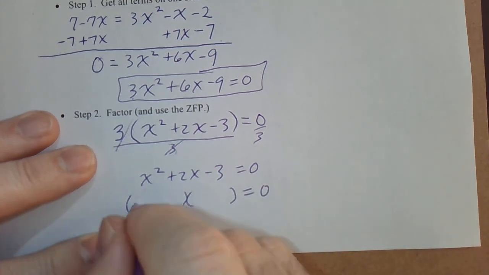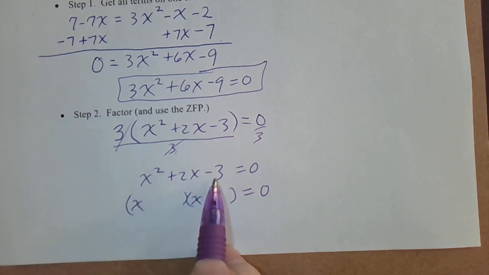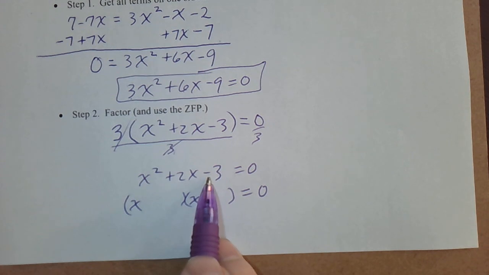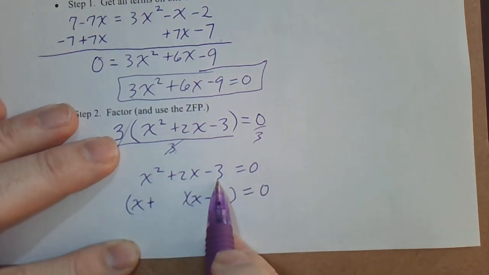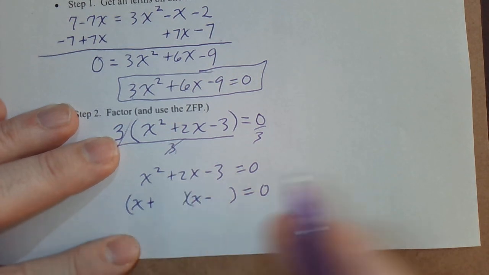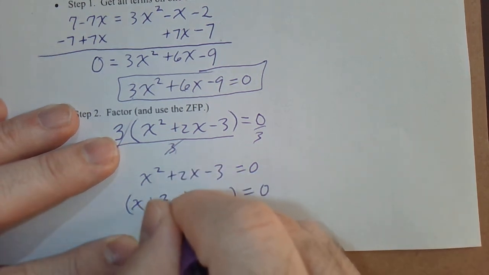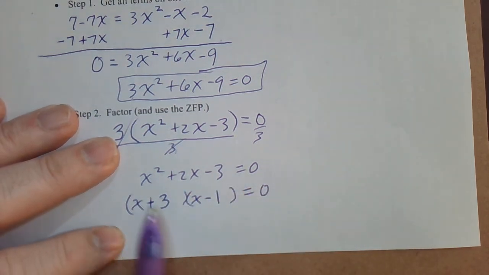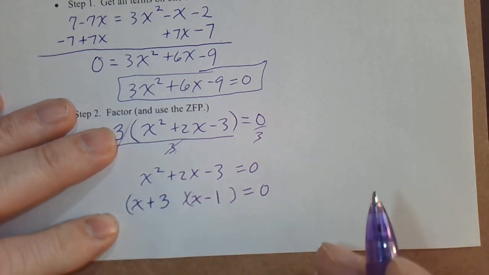Factoring is going to give us an x and an x, and then two numbers that multiply to negative 3 and add together to positive 2. We're going to need a positive and a negative. We know that because positive times negative gives us negative. The positive needs to be bigger, so it's going to be a positive 3 and a negative 1. You can FOIL this out and verify that you get x squared plus 2x minus 3.